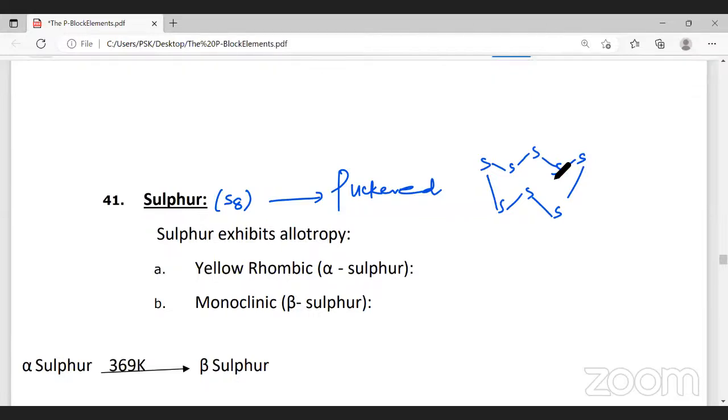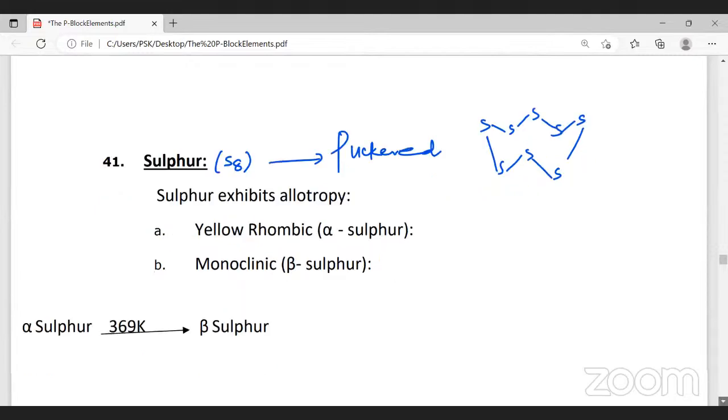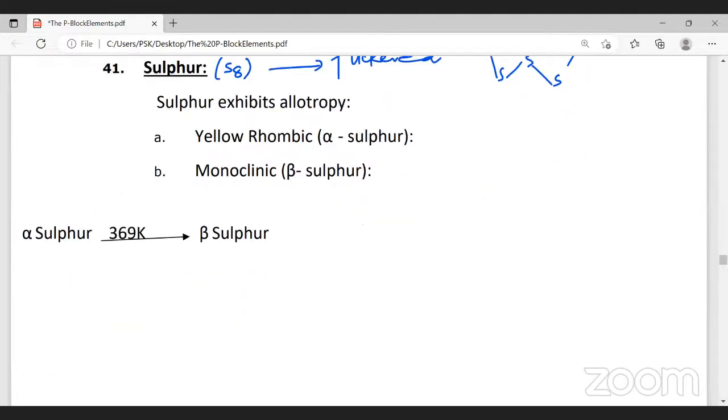So this structure is called a puckered structure, or a twisted structure. Now, how do we convert alpha sulfur to beta sulfur, that is, rhombic sulfur to monoclinic sulfur? Monoclinic sulfur is also called beta sulfur, and rhombic sulfur is also called alpha sulfur.